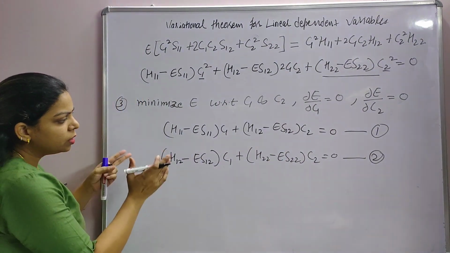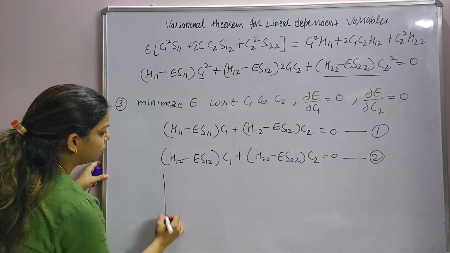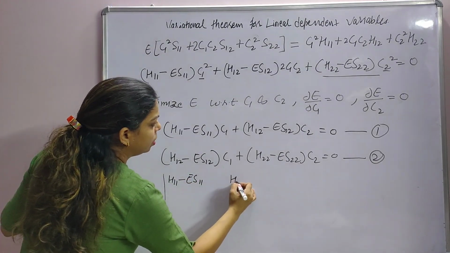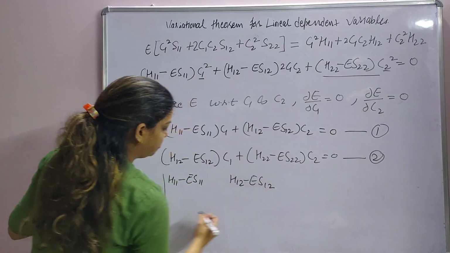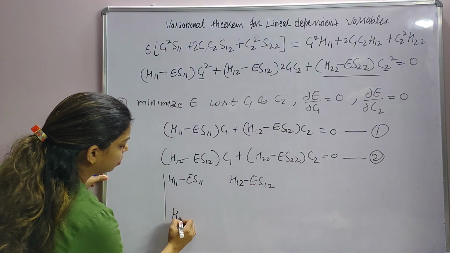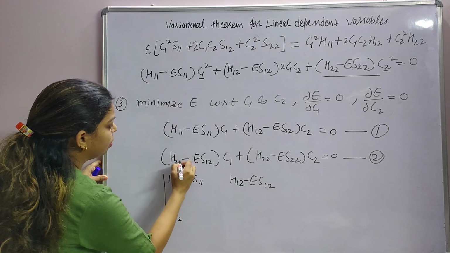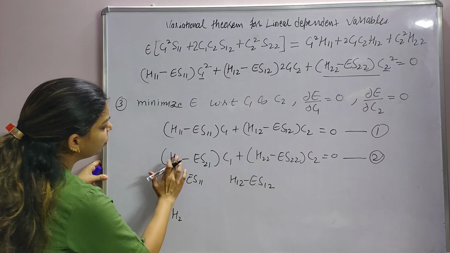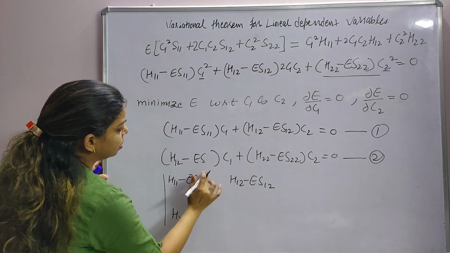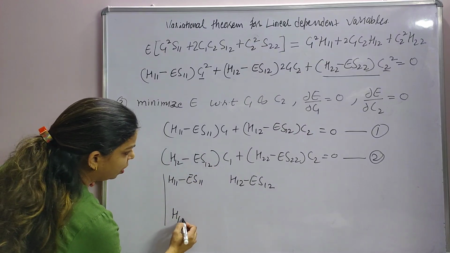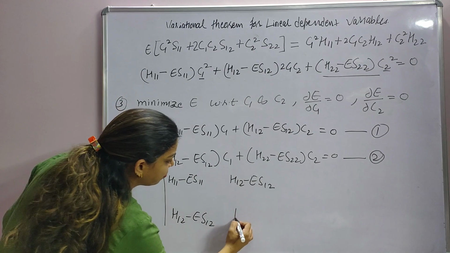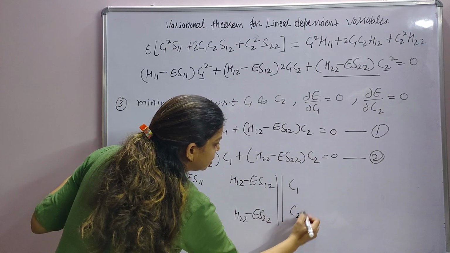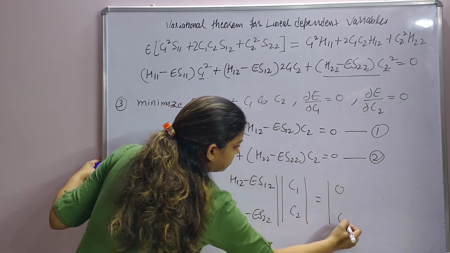So we can convert this equation into determinant form. Our determinant will be H11 minus ES11, H12 minus ES12, and here we had 21 and 12, both were equivalent, so I can write 12 also. H12 minus ES12, H22 minus ES22, and here C1 and C2 is equal to this.